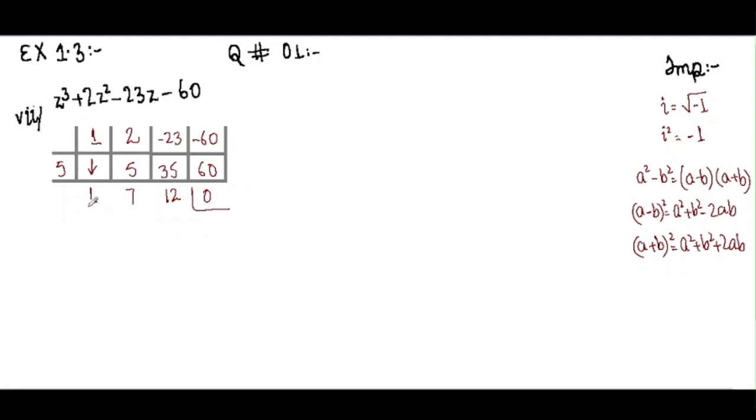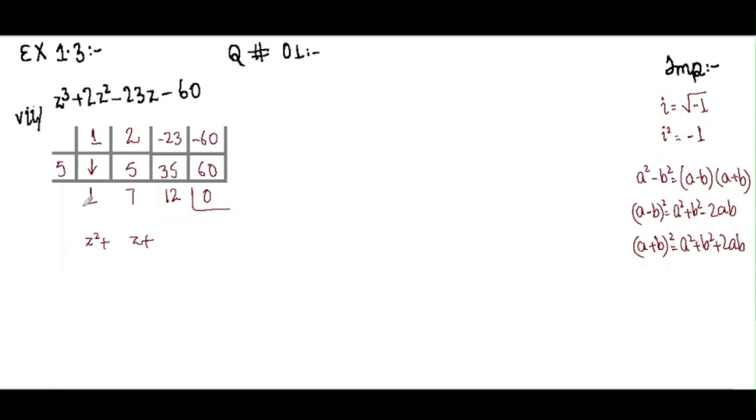So now we are going to write this whole thing in the form of a quadratic polynomial, because we have to reduce the greatest power by 1, so it becomes 2. We write it in the form of z square plus a coefficient with z plus a constant.